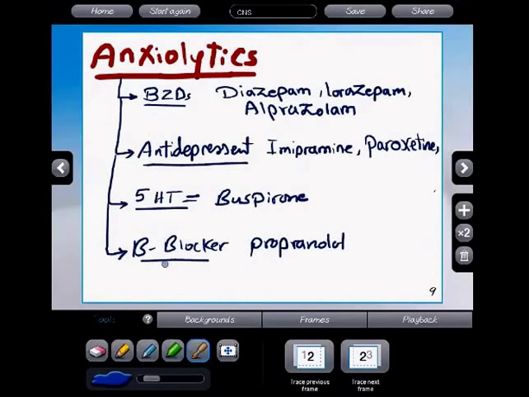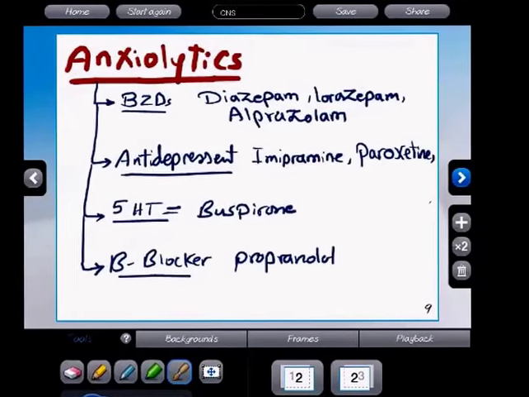These are the anxiolytic drugs. Benzodiazepine drugs and the GABA drugs, gabapentin, zolpidem, antidepressants like imipramine, paroxetine, fluoxetine, serotonergic agonists like buspirone, beta blockers like propranolol.